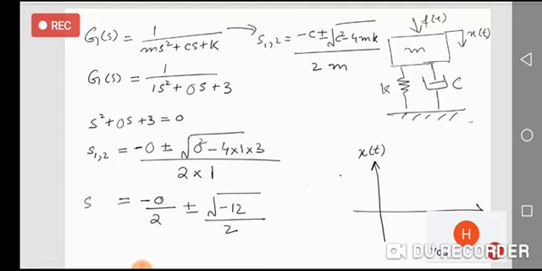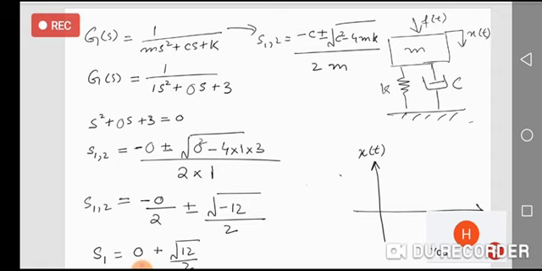That means the first root s1 is equal to 0 plus under root 12 by 2, and the second root is 0 minus under root 12 by 2.